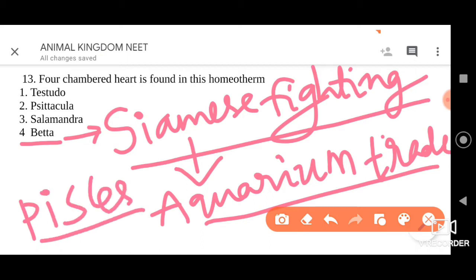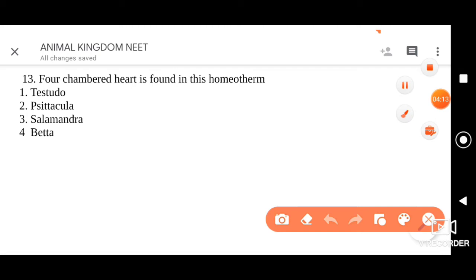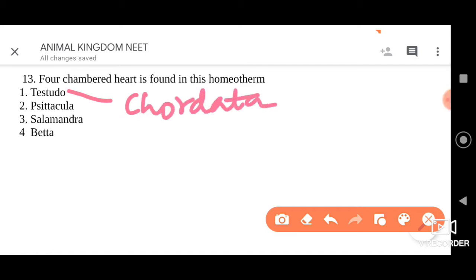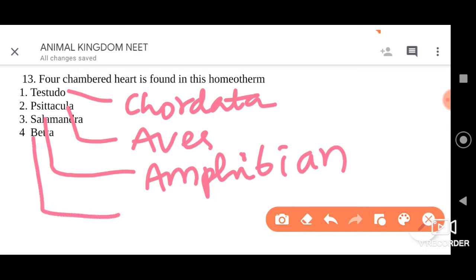Now let us understand the four aspects. Testudo, as I said, belongs to Chordata. It is a tortoise. Then we have Psittacula, which belongs to the Aves. Then we have Salamandra, which is an amphibian. Then we have Betta, which belongs to Pisces, which is a fish.